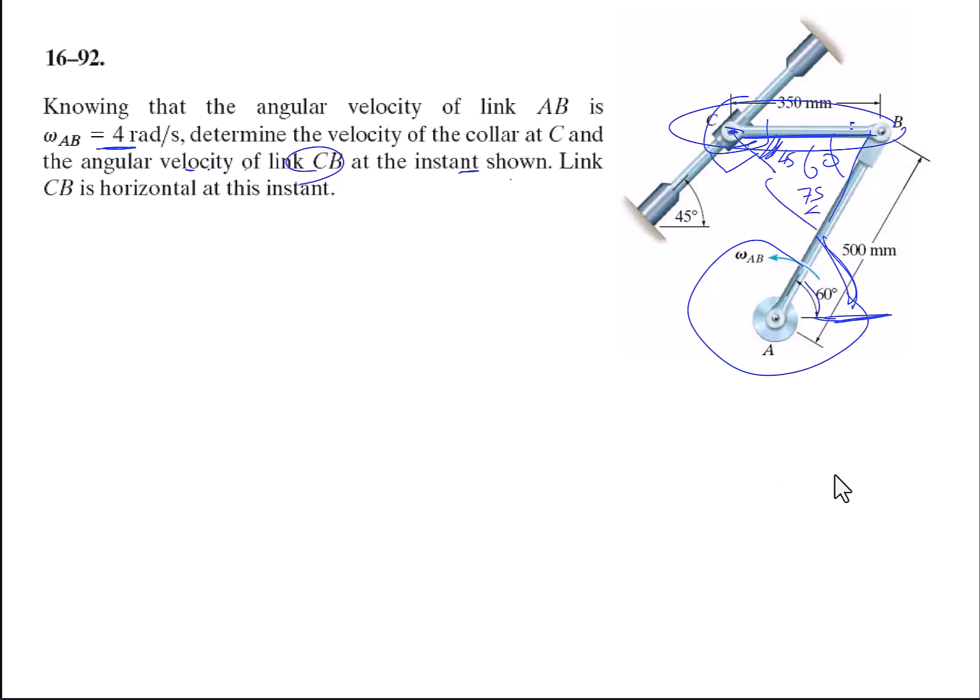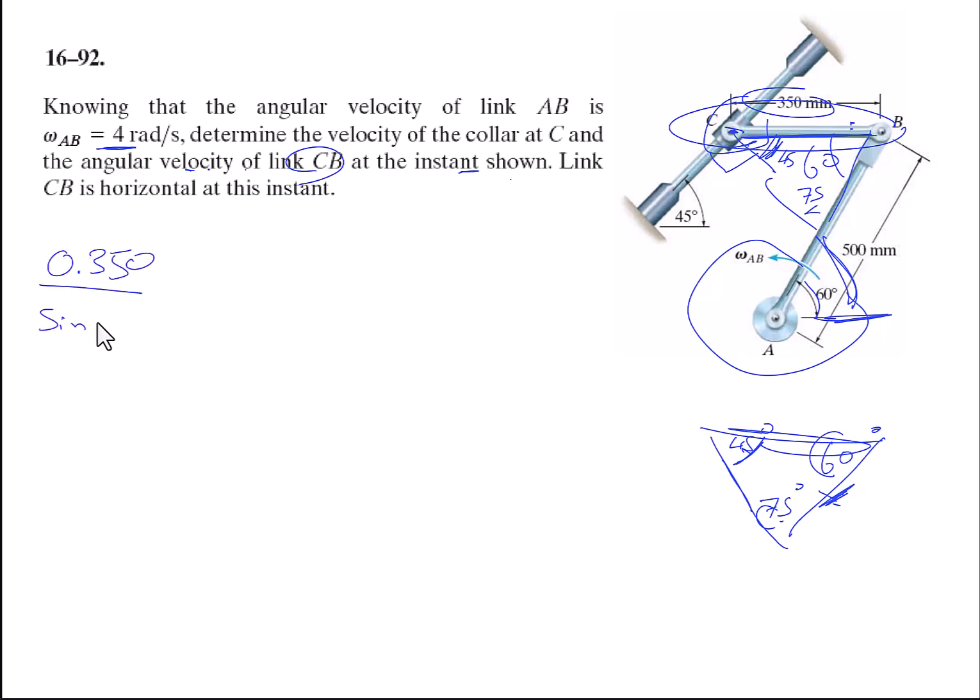So we'll have this triangle with angles 60, 75, and 45 degrees. And using the law of sines, each side over the sine of its opposite angle, 0.35 over sine 75.